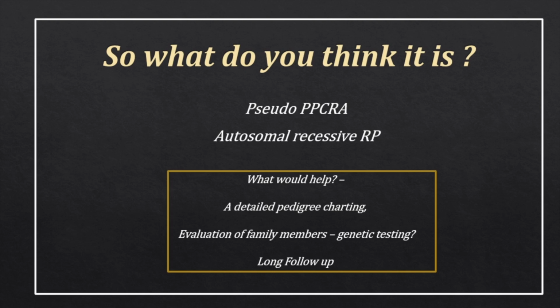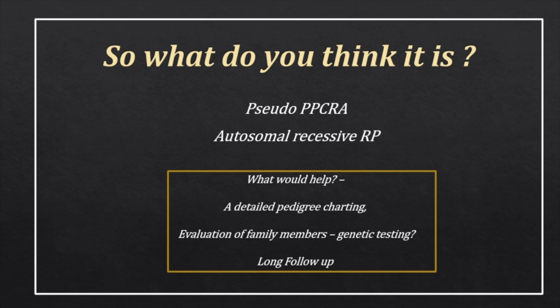We rule out all the inflammation or infectious events prior to that, and if we do not get anything, then the patient is named as PPCRA. Otherwise, if the patient has had some inflammation or an infectious event, post which the PPCRA has occurred, in literature it is described as pseudo. Always the PPCRA is a morphological description. Yes, sir.